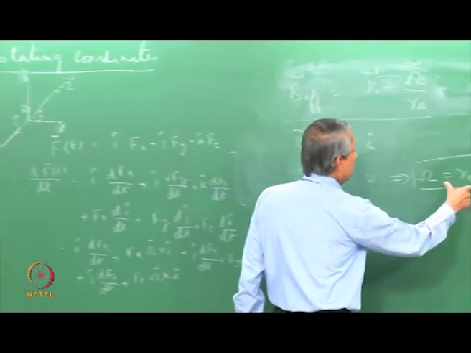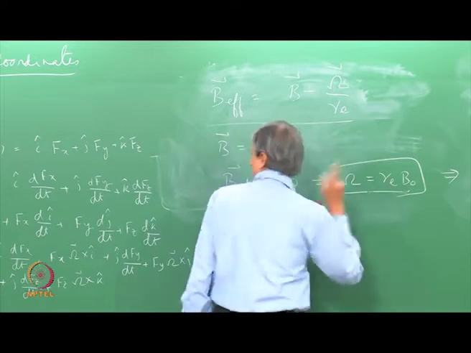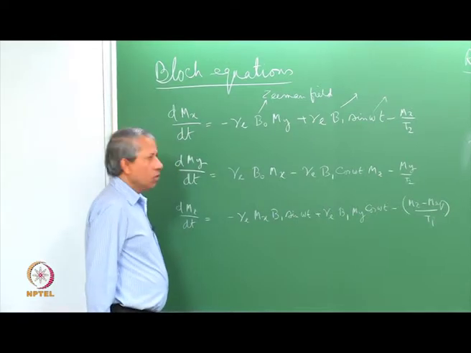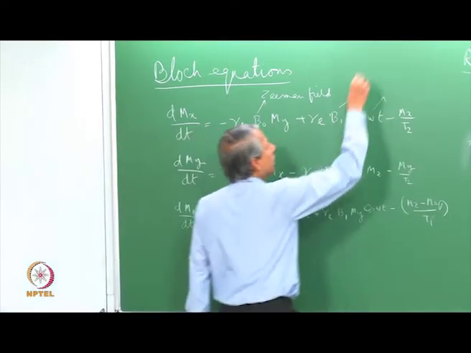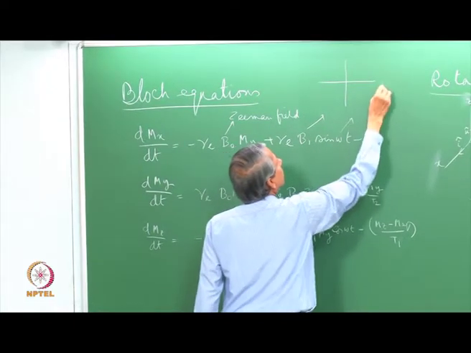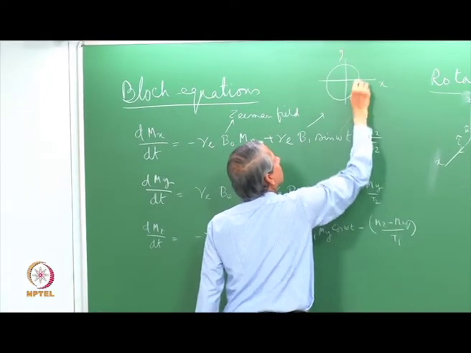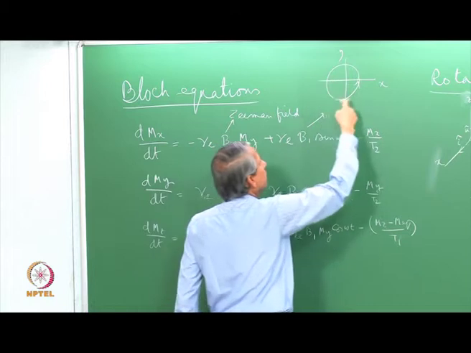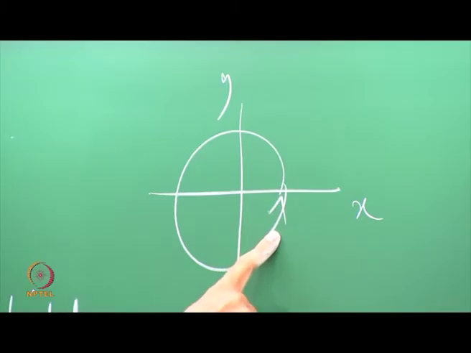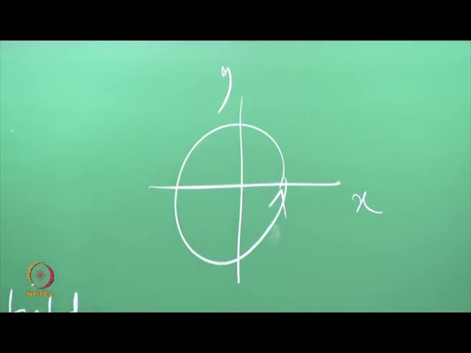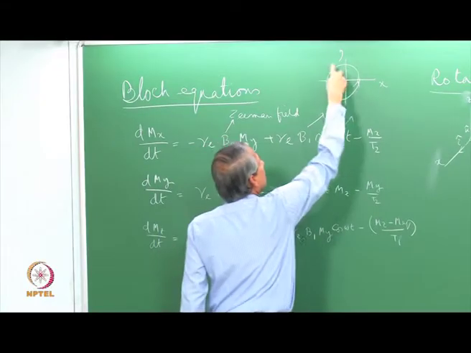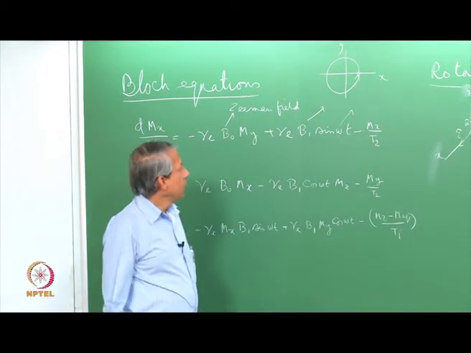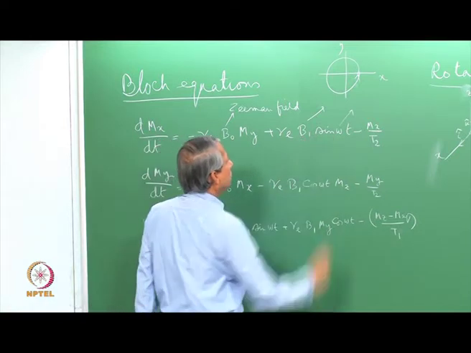Here we chose the frequency which is the Larmor frequency, but for this situation where this B1 is the micromagnetic field which is rotating in the xy plane in this fashion, I choose a coordinate system which is rotating at the same angular frequency as this one along the z direction, that is, it will have an angular frequency omega and the direction is the z direction. Then what will happen to the B1 field?